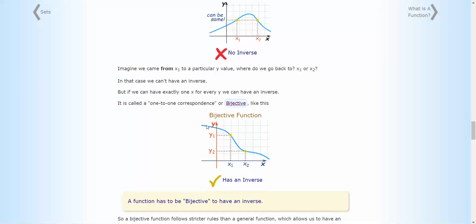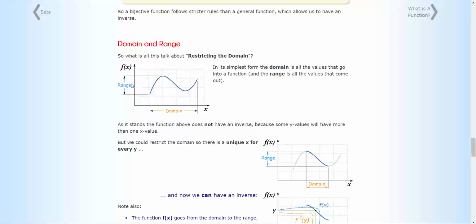But it's not bijective, given there are two x values that lead to the same y value.